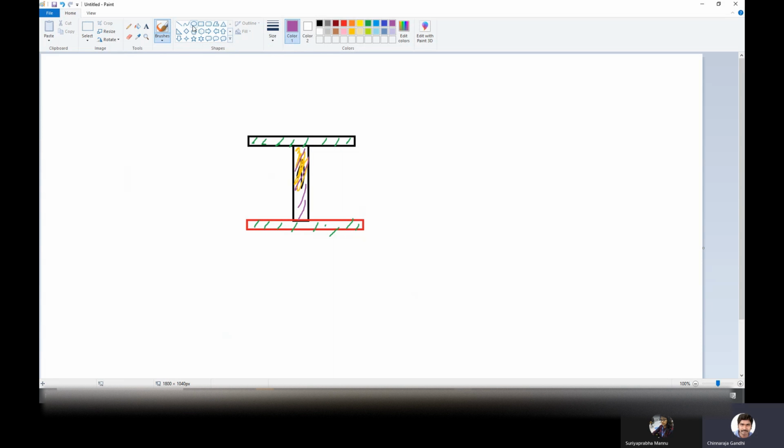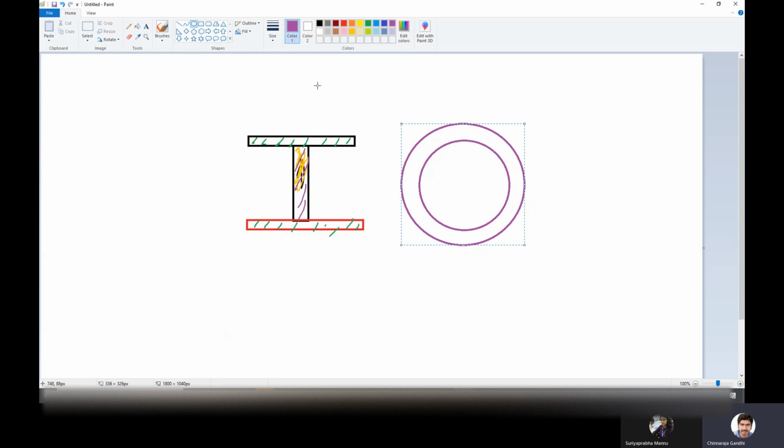The same concept applies to the tubular also. This is the tubular area, and this is the area we are calculating. But here we will not take the full area. Why?